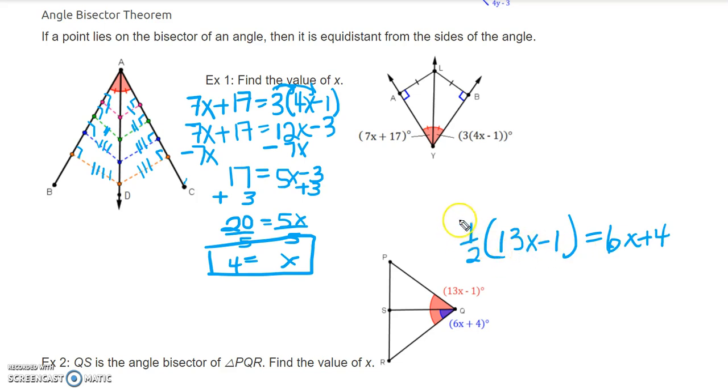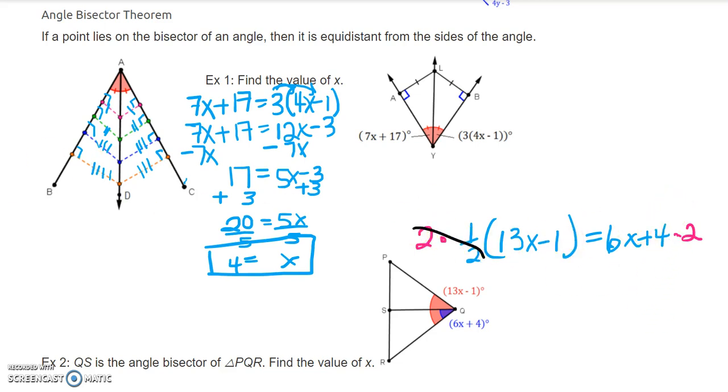I don't want to distribute that just because it's going to give me decimals, and I know we love decimals. So I'm going to do the opposite of multiplying by half. I'm going to multiply by 2 on both sides. Well, what does that do? That allows me to cancel out the half.